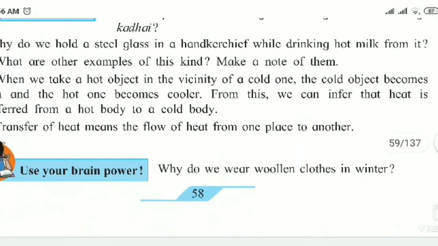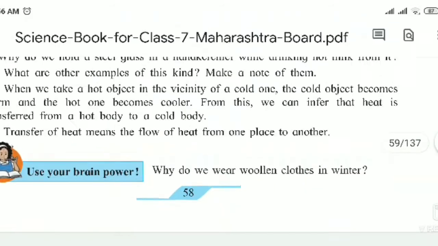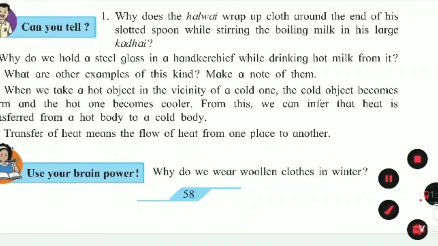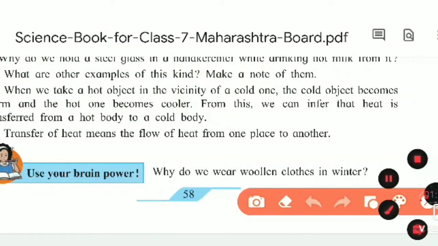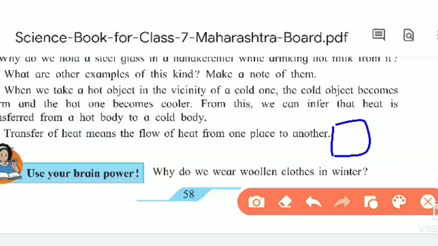Next, when we take a hot object in the vicinity of a cold one, the cold object becomes warm and the hot object becomes cooler. Suppose we boil water till 100 degrees Celsius.